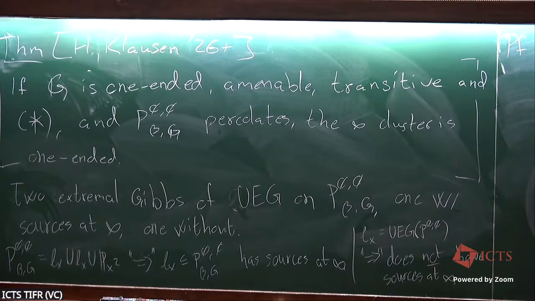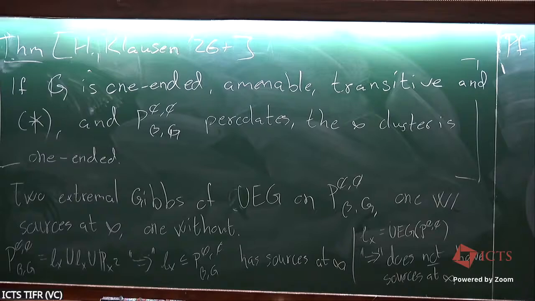Then you're going to explore the clusters in the double current from the boundary of the big box. And if you chose both numbers large enough, then supposing you're two-ended, you're going to see two clusters crossing the box. I mean, that's just what being two-ended should mean. So this is with high probability.